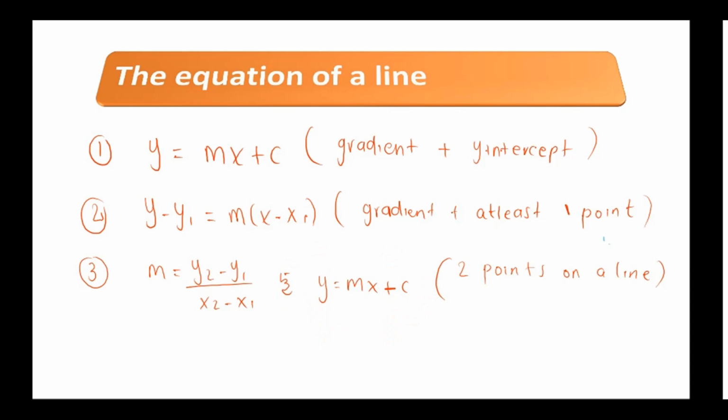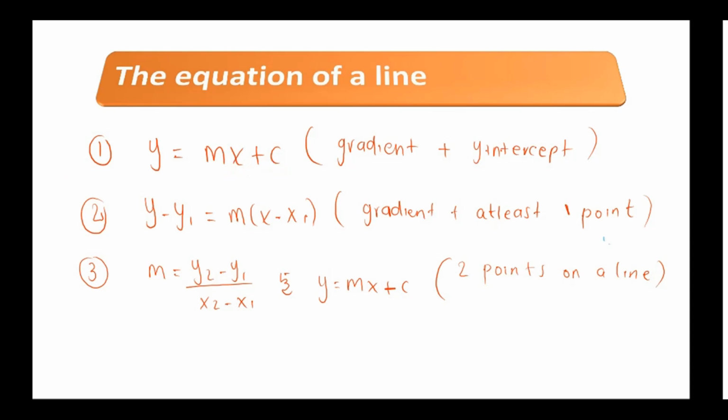If you want to calculate the equation of a line, you can use these three methods. The first method is, if you're given a gradient plus a y-intercept, you can simply use the formula y equals mx plus c, where you directly substitute your gradient and your y-intercept, and you can get your equation of a line.